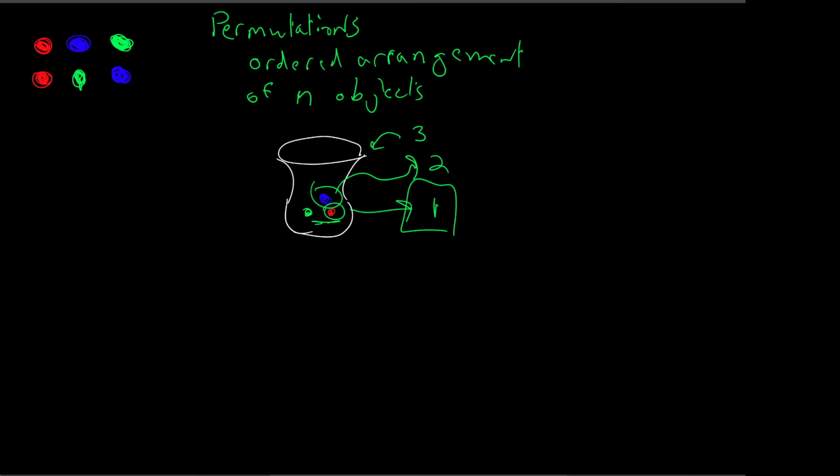So let's say I pull a blue one first. Oops, nope, I hit green. See, that's what a little bit of randomness does for you. Next I can get blue or red, because that's all that's left in the urn.